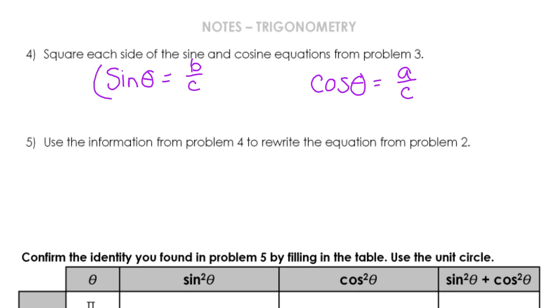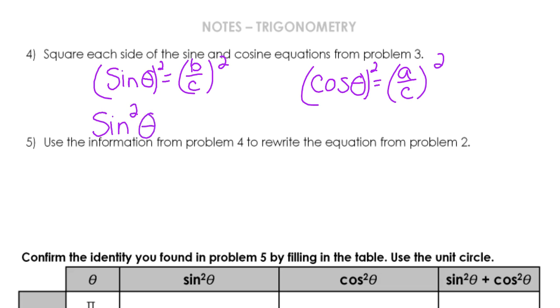Like it says in the directions, we square both sides of those equations. When we do that, we get sine squared, because when we square it, we write the squared in between the trig function and the theta, equals b squared over c squared. And then cosine squared theta is a squared over c squared.